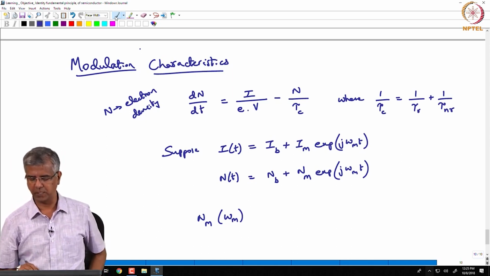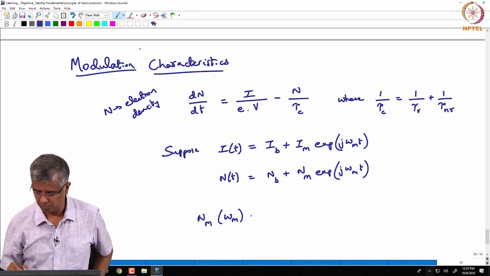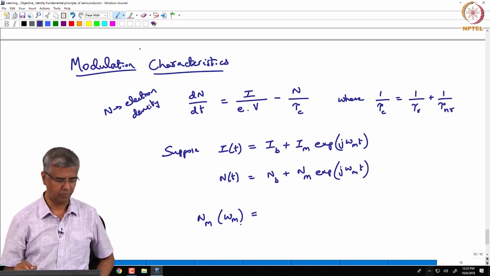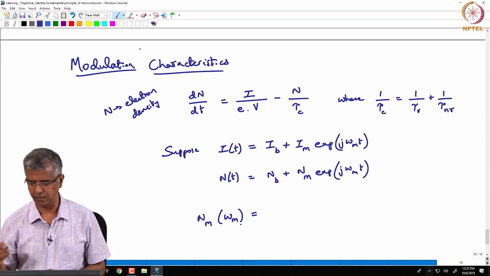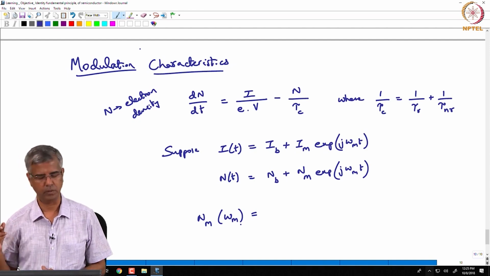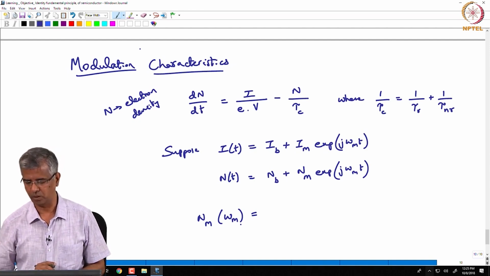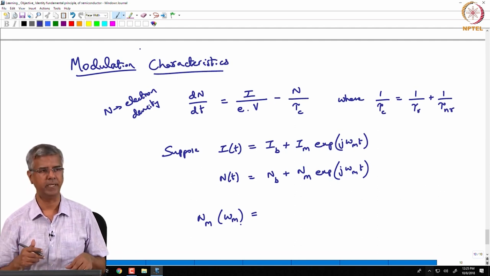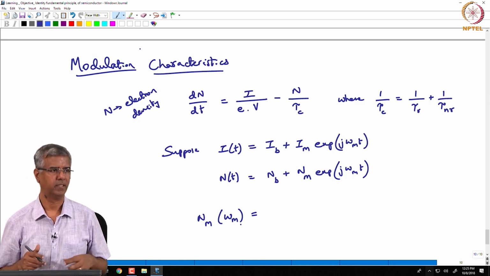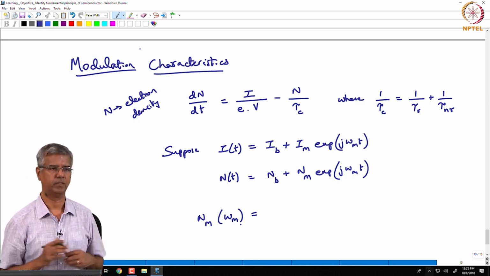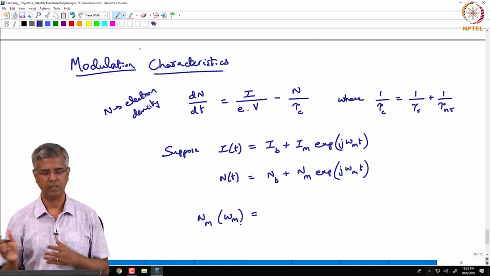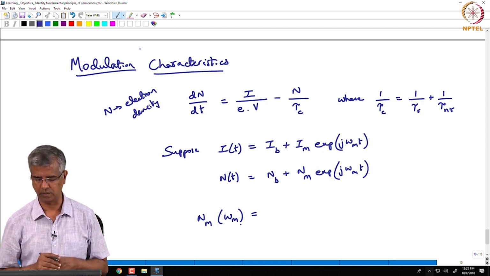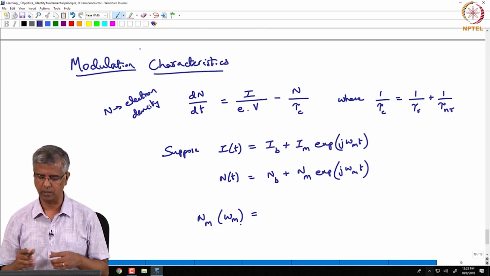So, we want to get an expression for Nm of omega m, and the reason we have picked exponential of j omega m t to represent the modulation is because when you do a d over dt of that, you just get a j omega m, right. So, you can substitute d over dt by j omega m, and that simplifies the overall thing that we have.